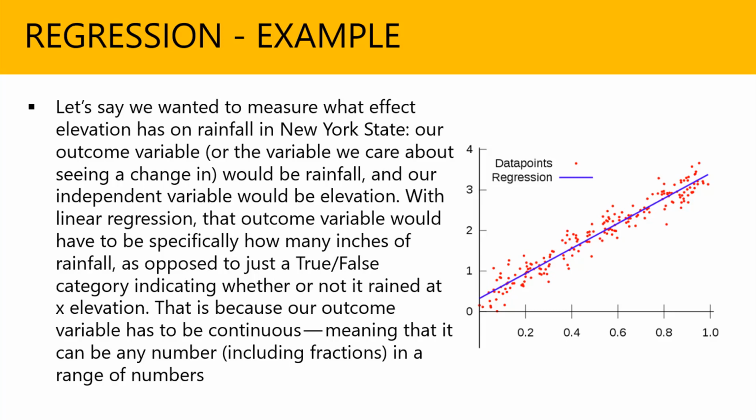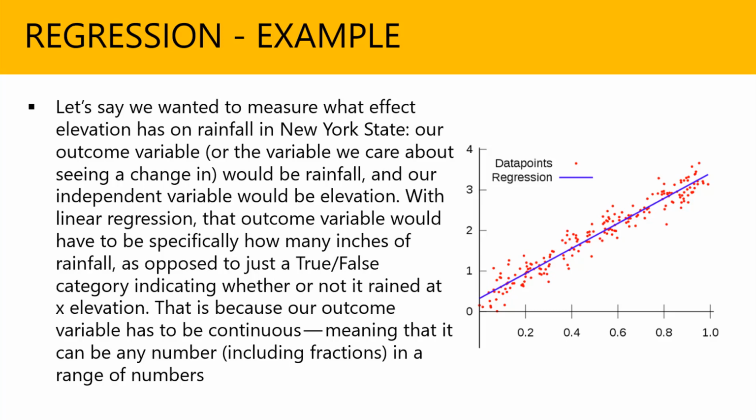If we implement linear regression, the outcome variable would have to be specifically how many inches of rainfall within New York State, as opposed to just true or false. We're not determining whether it's going to rain or not; we're trying to find out how much rain, how many inches of rainfall, based on elevation. The true-false category would simply indicate whether or not it rained at a given elevation, but that's not what we want.